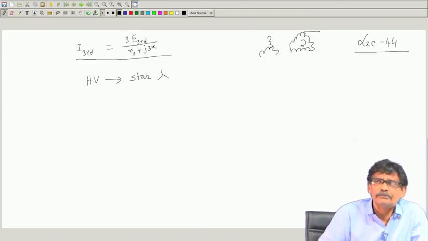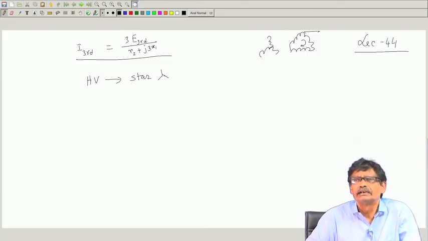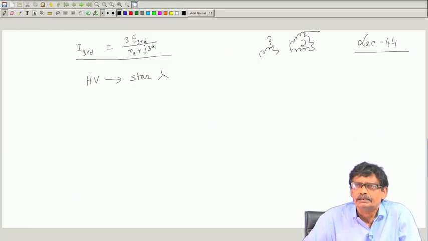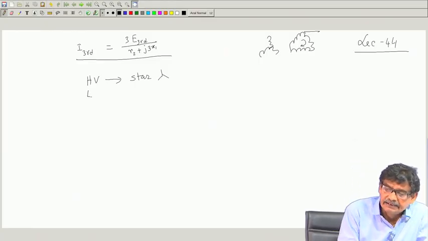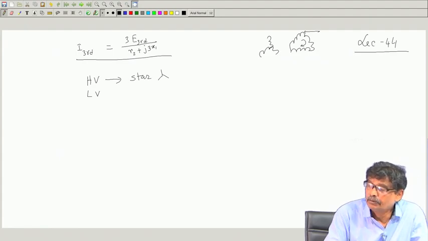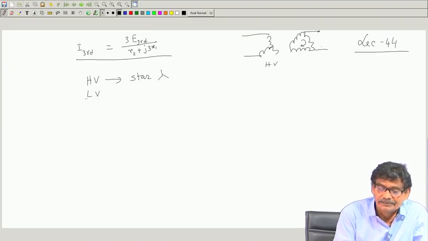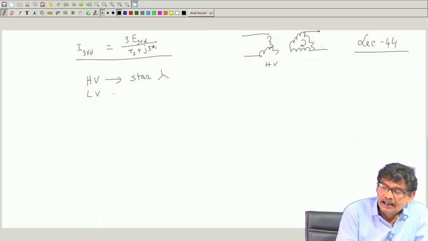Because the voltage per phase will be less, so insulation level etcetera will be lesser. And the LV side, since the coils will be delta connected, this will be low voltage, this is the high voltage side. This voltage will also be less because of this, and let this be delta connected, that is the guideline.